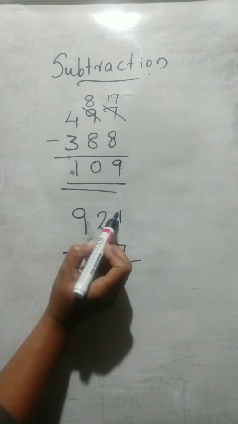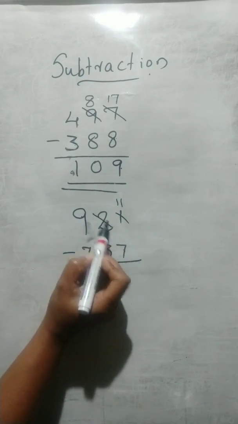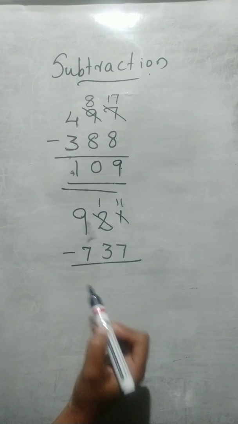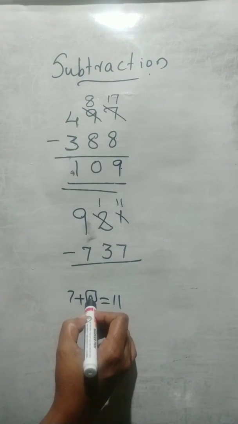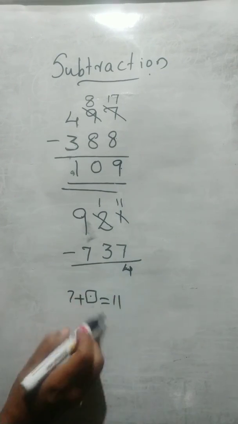So we have to cut this 1 and we can write it as 11 and this 2 became 1. Okay. Now 11 minus 7. 7 plus a number is equal to 11. Which number will be there? 7 plus 4 is equal to 11. That 4 will be there.